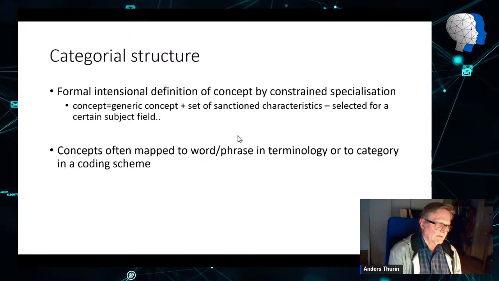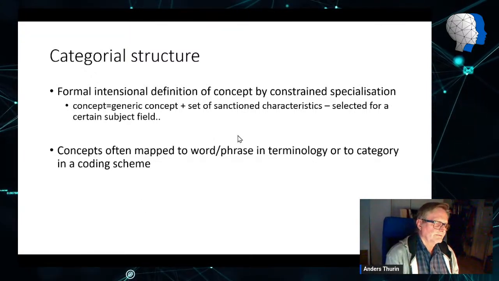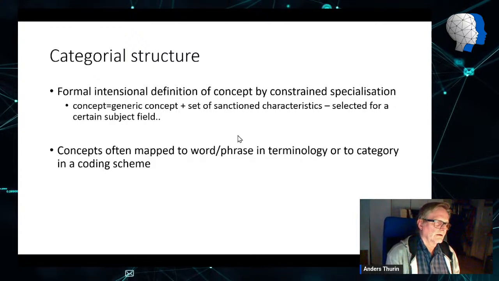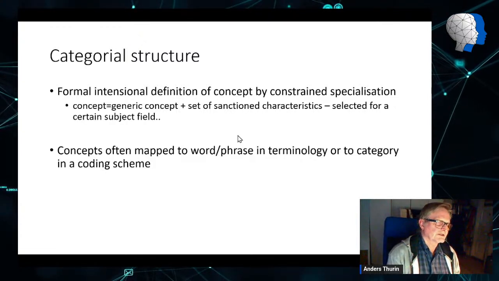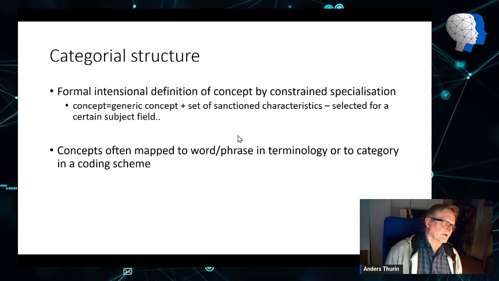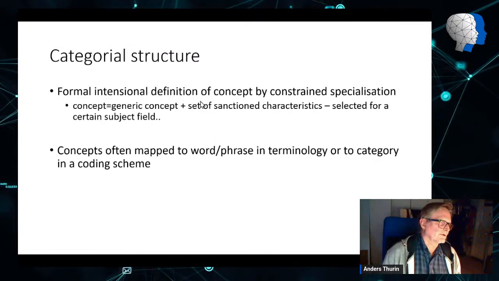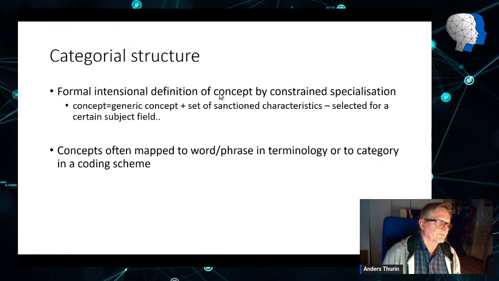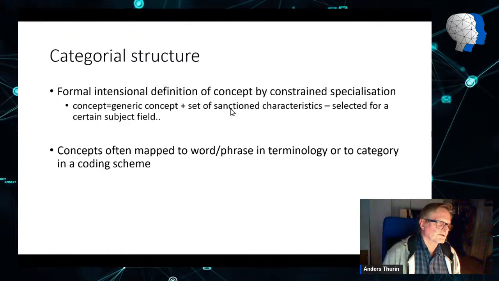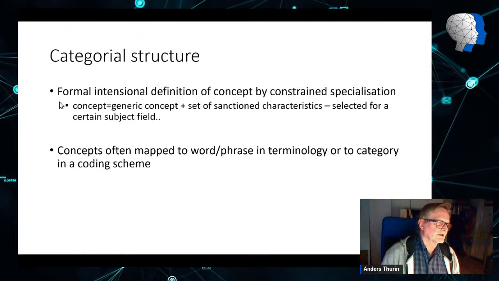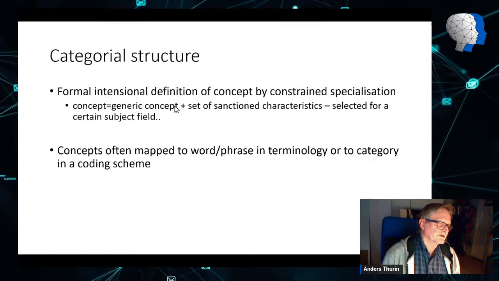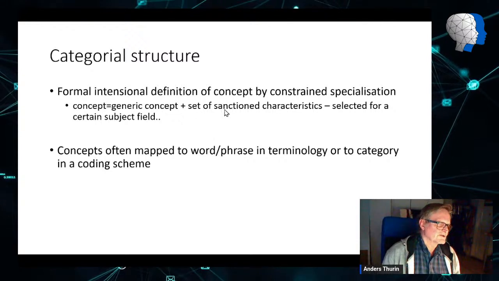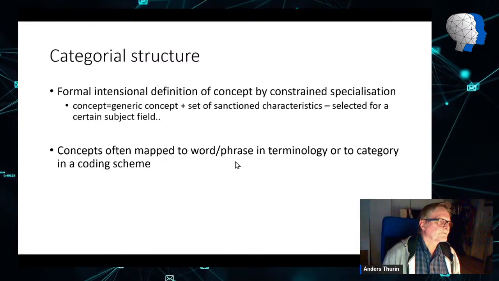In ISO, I was much involved a long time ago in what we call categorical structure, which is how you define concepts, and we call it a formal intentional definition by constrained specialization.